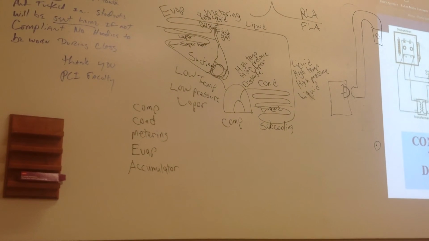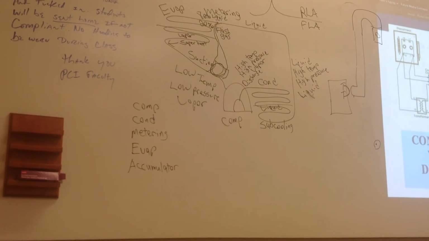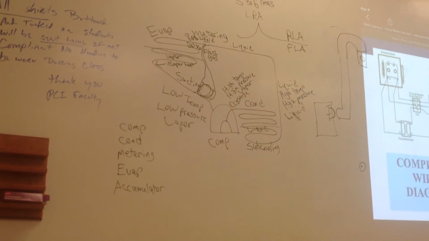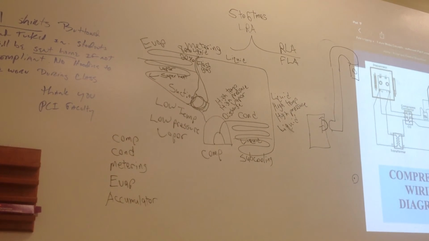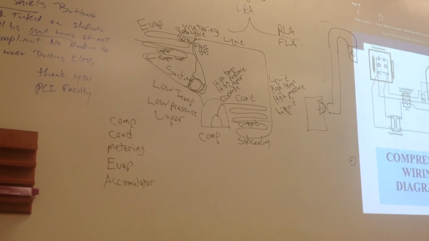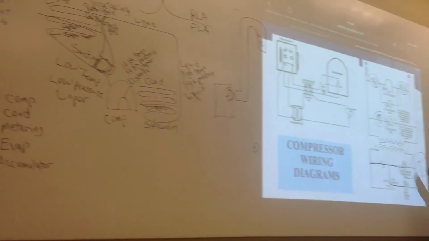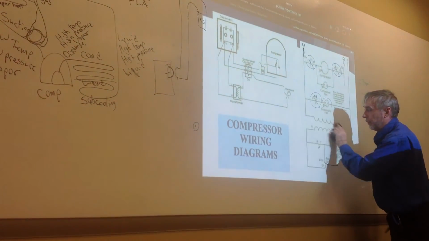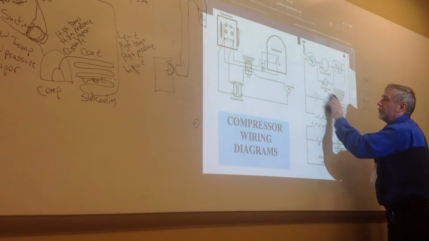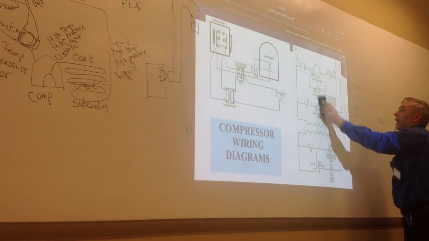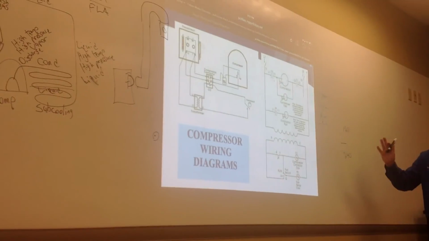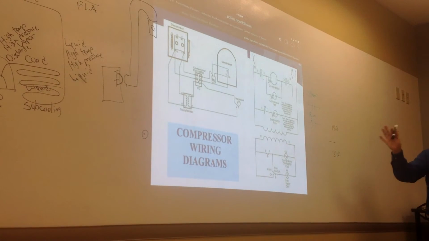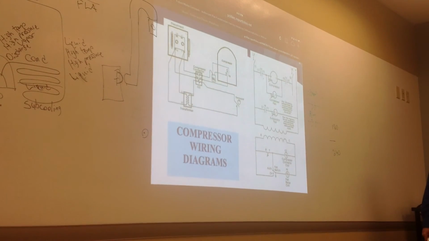We're going to add a receiver, and bypasses like hot gas bypass, pump down, stuff like that. So we'll be adding to that as more time goes on. But this schematic is an actual schematic of a working refrigeration system.